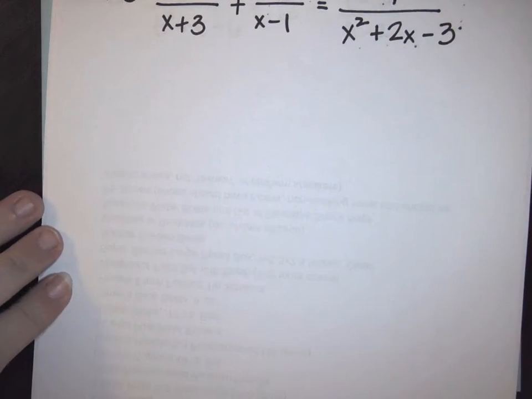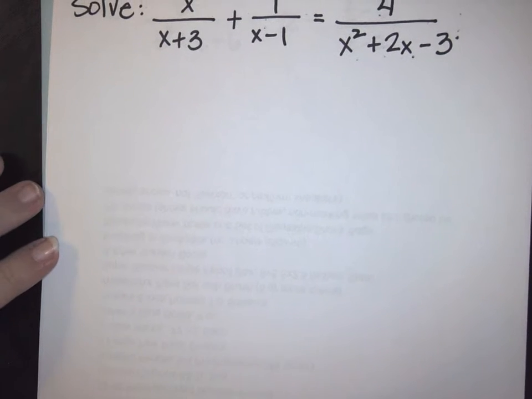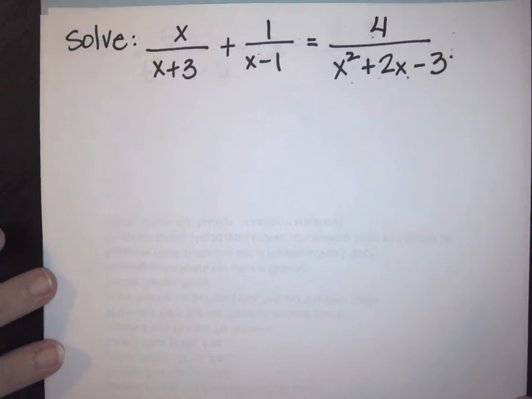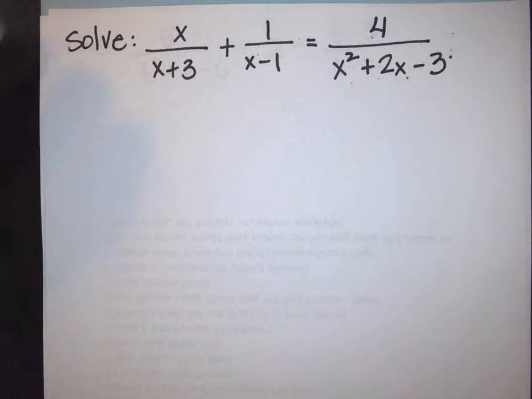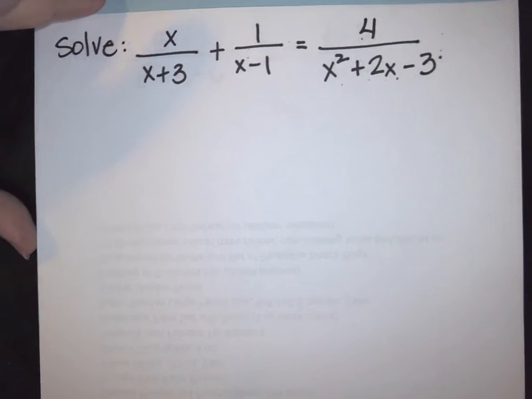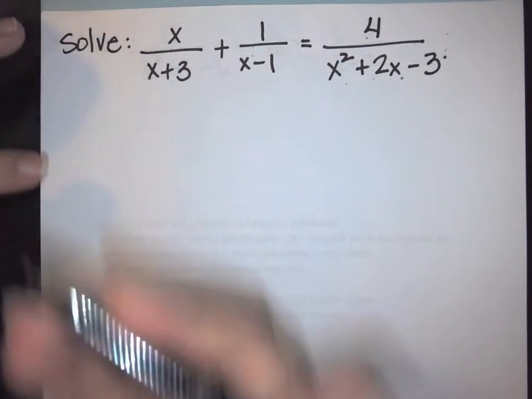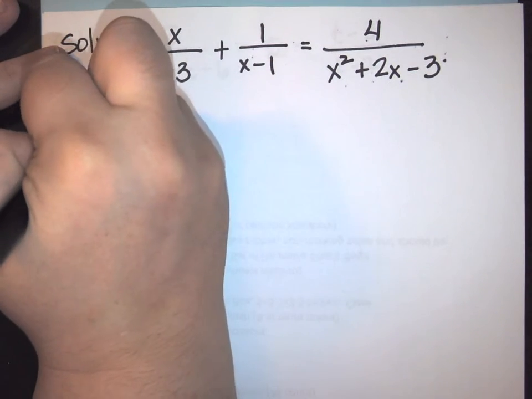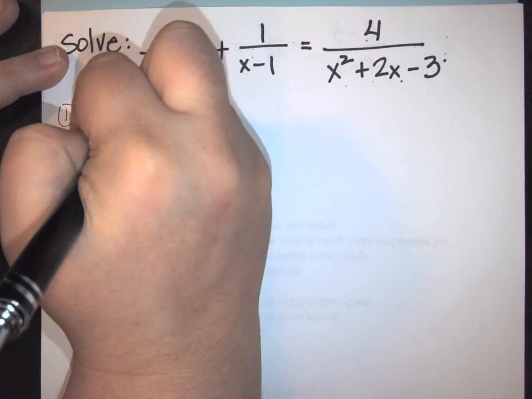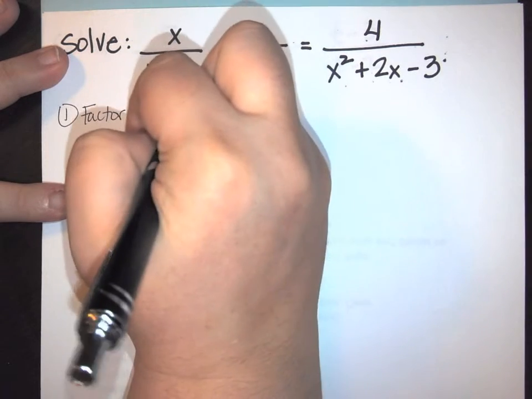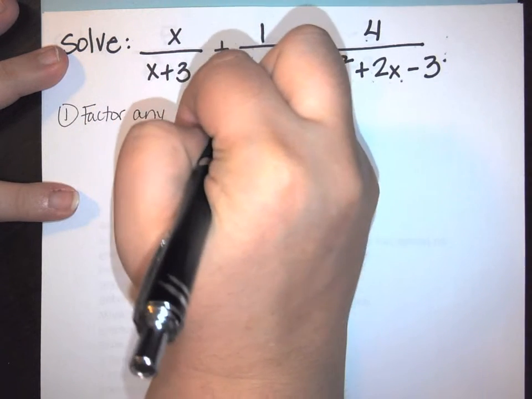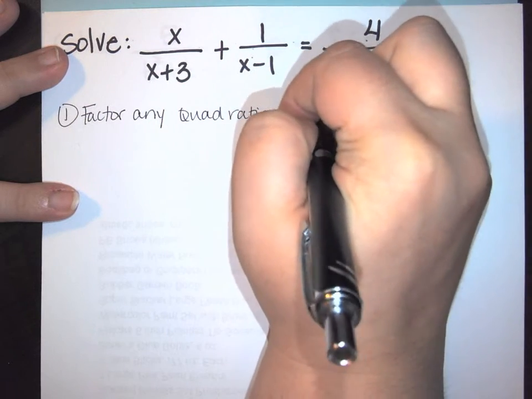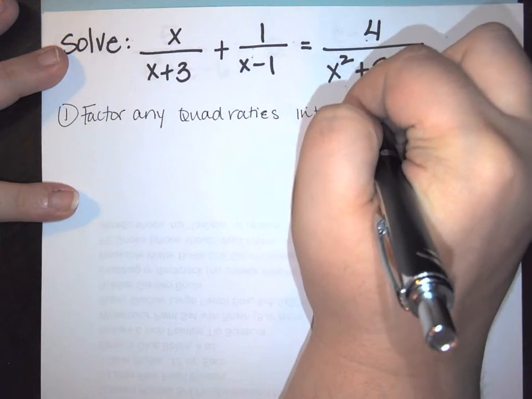So now that we got the domain out of the way, we can look at 2 different examples of solving rational equations. As soon as we get started, the first thing you need to do is factor any quadratics into their parts.